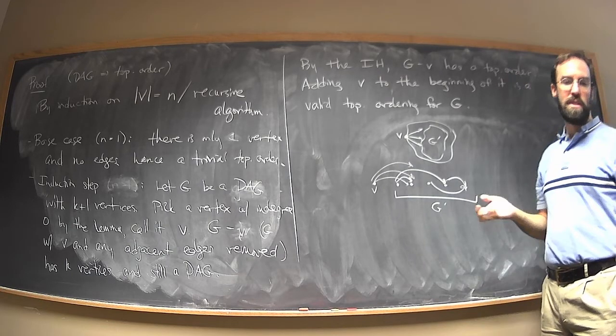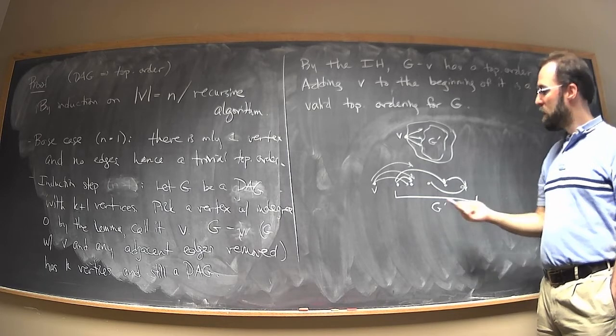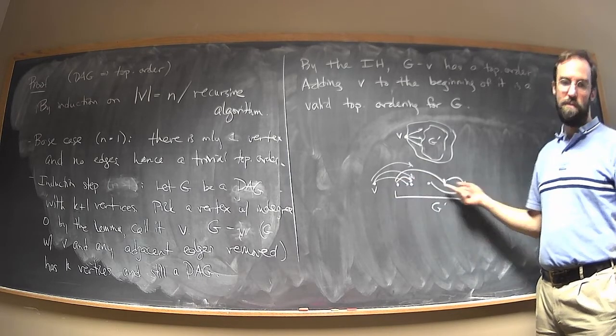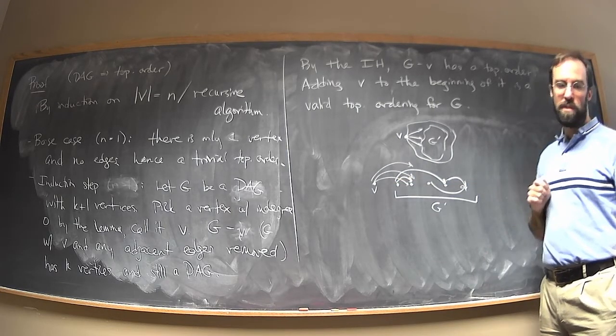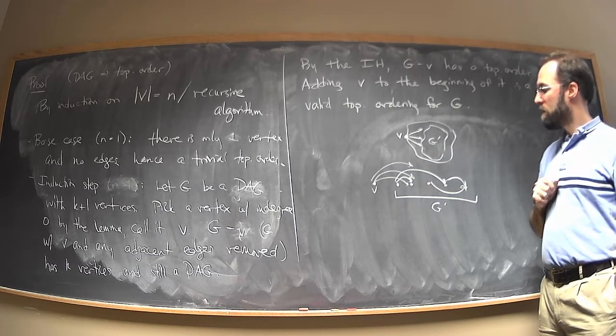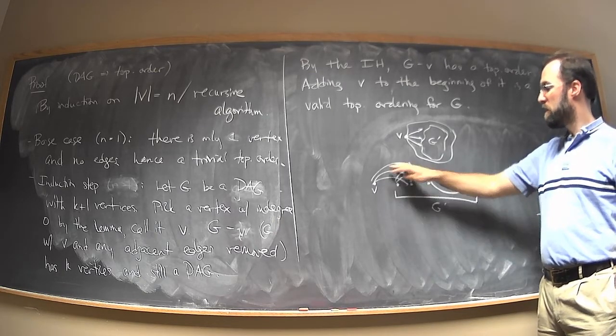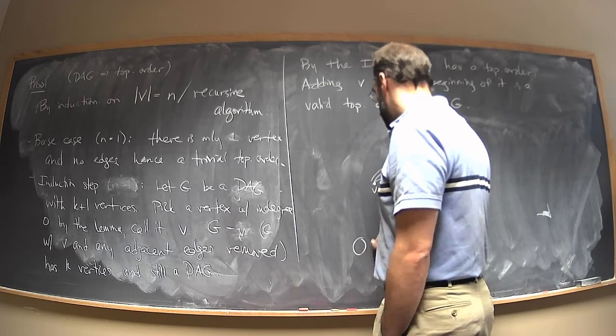So that could take O of V time in the worst case. And then we're going to iterate that V times, once for every vertex, deleting that vertex each time. There's maybe a plus E in there, but it doesn't really matter, because this is O of V squared.